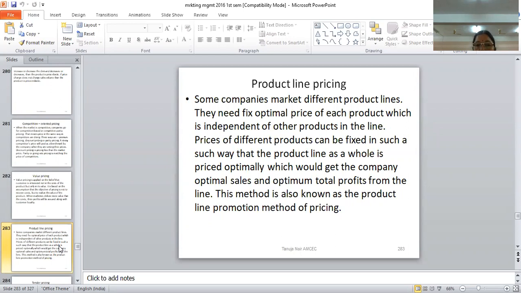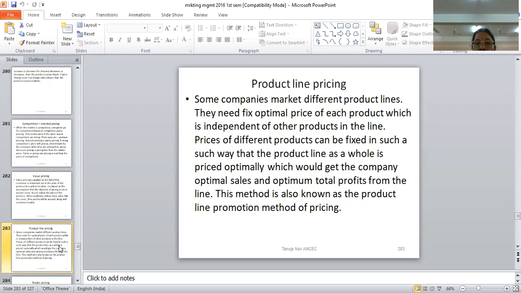For each product line, they have to be very careful in fixing the price of each product in the product line. They should not make one product's price in the product line very high and the other product's price very low. Then it will be a problem for them in getting the sales.